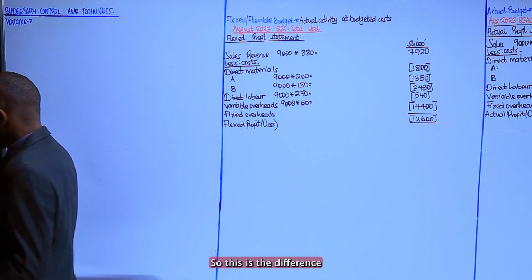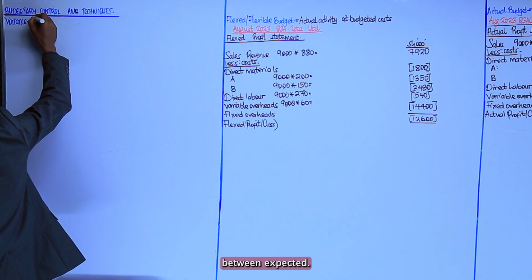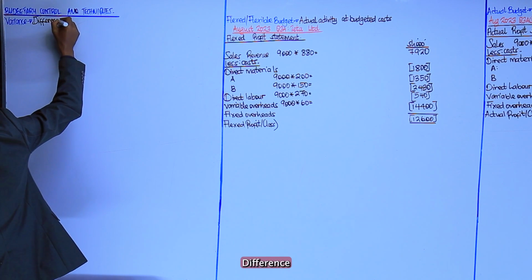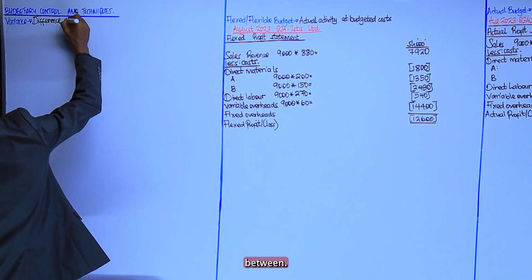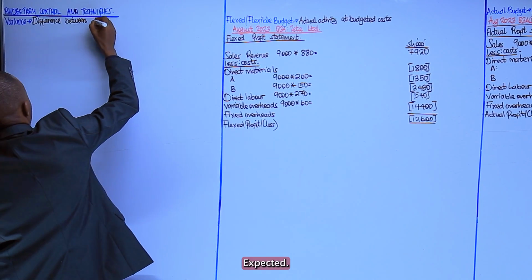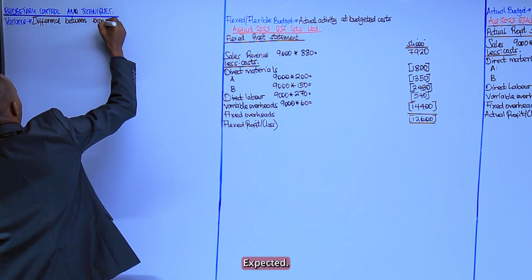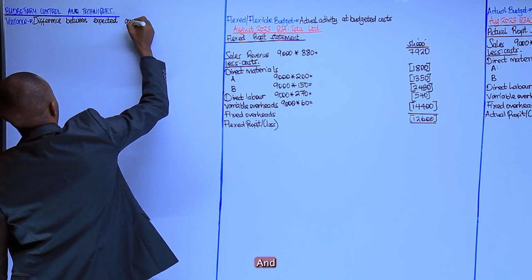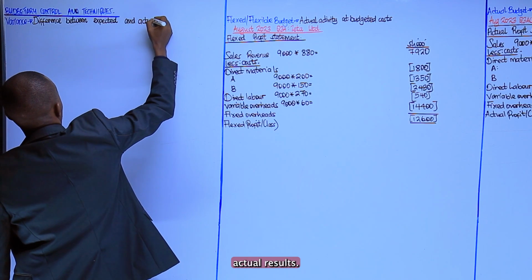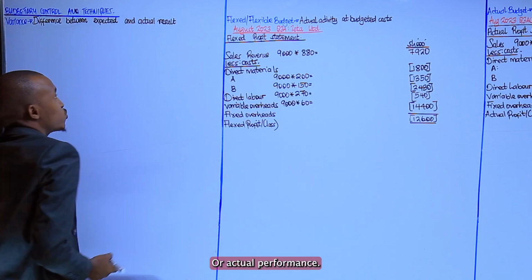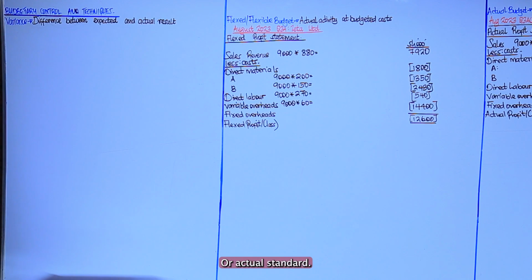So this is the difference between expected and actual results, or actual performance, or actual standard.